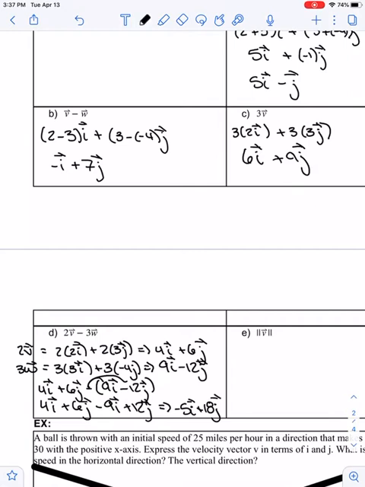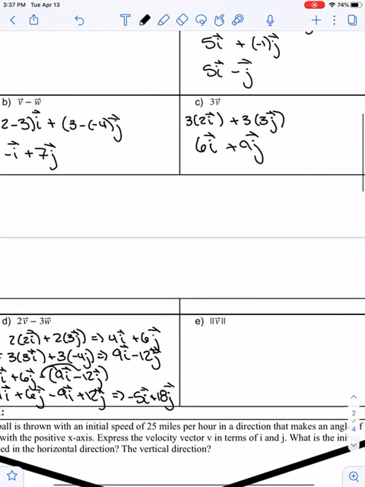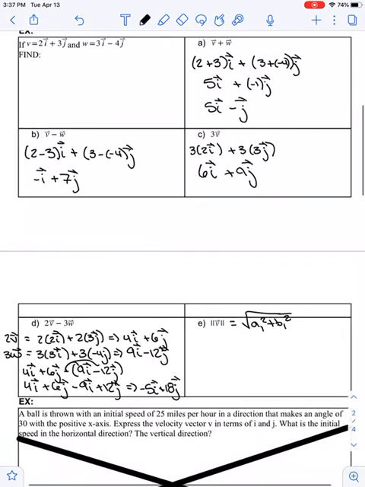Okay? Then we have the magnitude, and that's where we're going to apply the formula of the magnitude of v equals the square root of a1 squared plus b1 squared. And here we're going to write what v is again, 2i plus 3j.